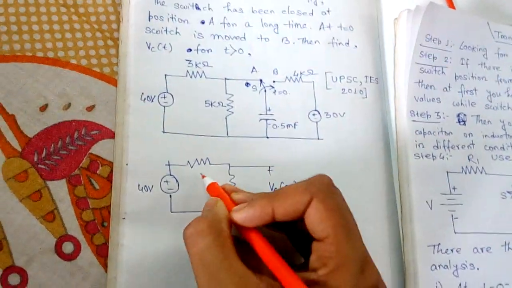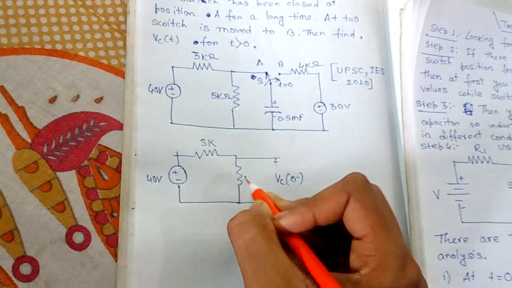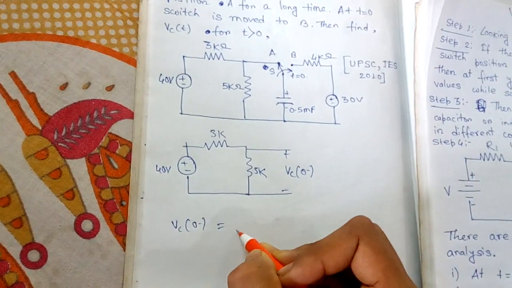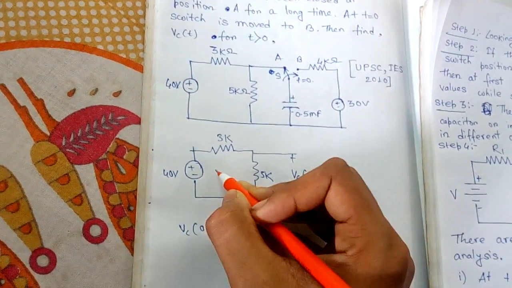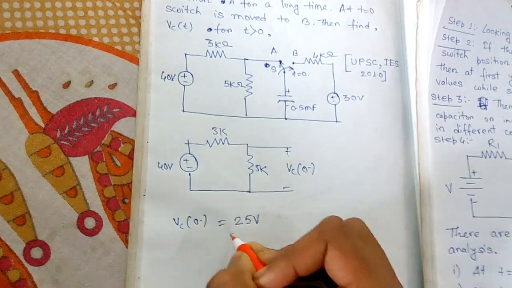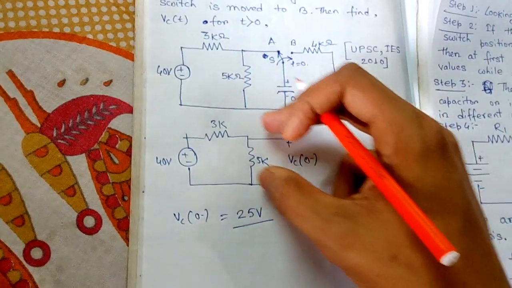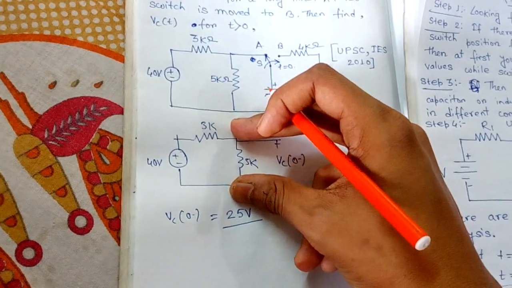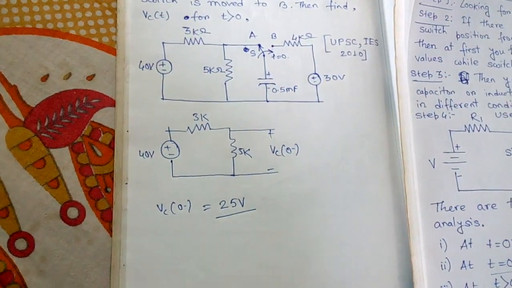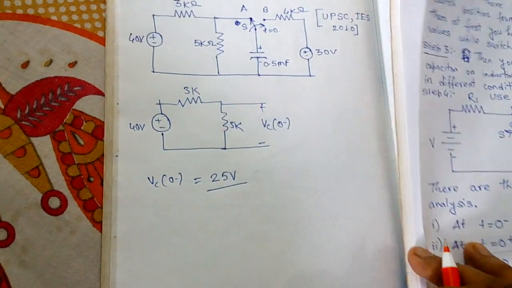That is 3K and that is 5K. So what is that VC0 minus? VC0 minus will be 25 volt, because this is in parallel. Whatever the voltage drop across this 5K ohm resistance, that will be VC0 minus. So VC0 minus will be 25 volt.